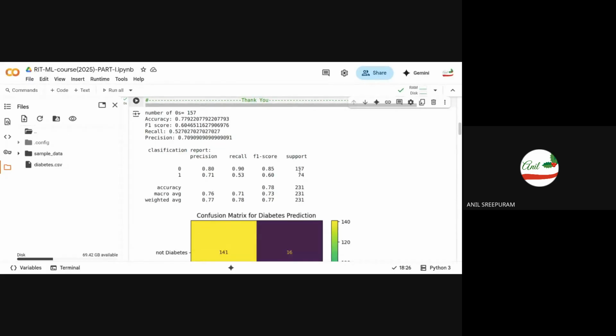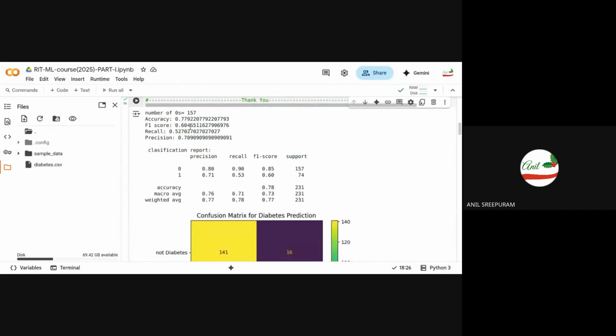Accuracy, macro average, all these are some weighted terms. Macro average means just the column-wise average you are taking. And if I get time, I will explain that because it takes some time, 10 minutes to explain how these values are calculated. Since we don't have that much time, let me just discuss what this is.